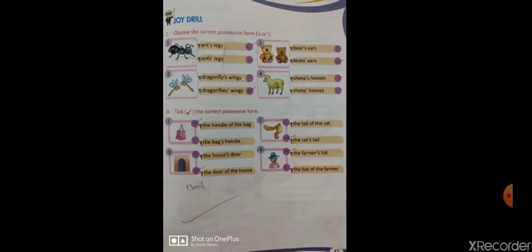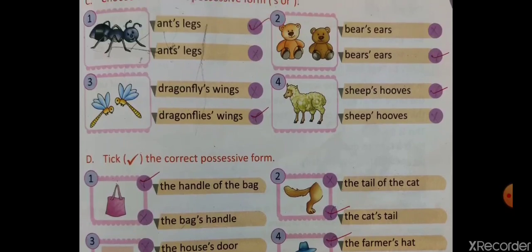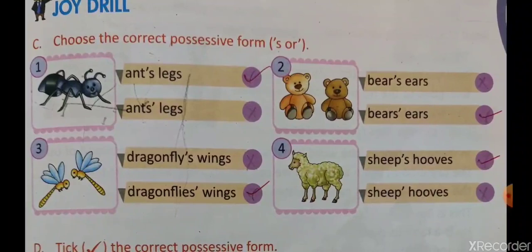Coming on to the last exercise of this chapter, we have to tick mark whether it is correct or not. Choose the correct possessive form, apostrophe s or apostrophe. So aunt's legs or aunts' legs. So it is aunt's legs, aunt apostrophe s, because there is only one aunt.